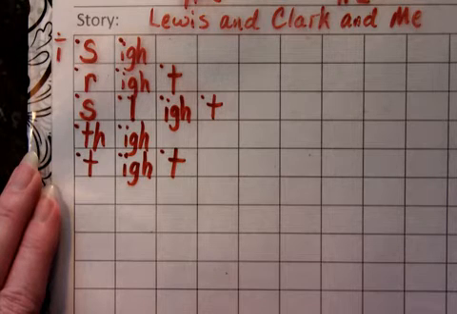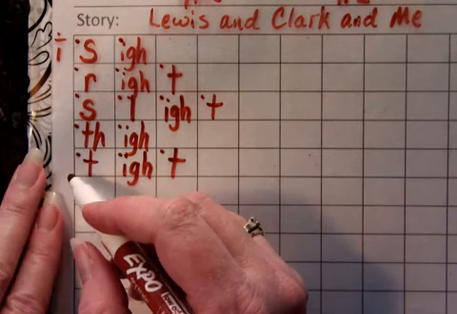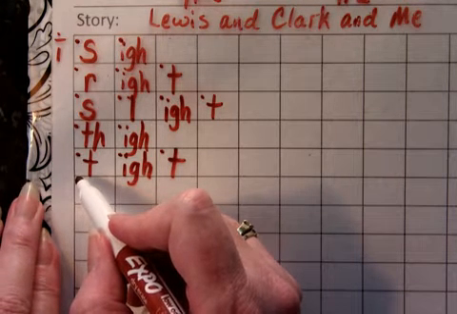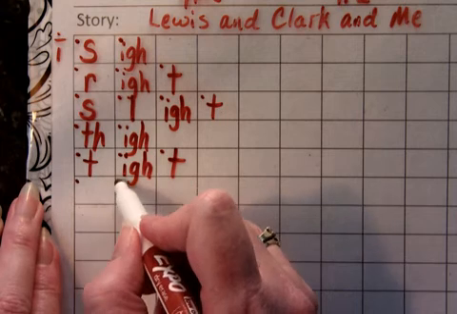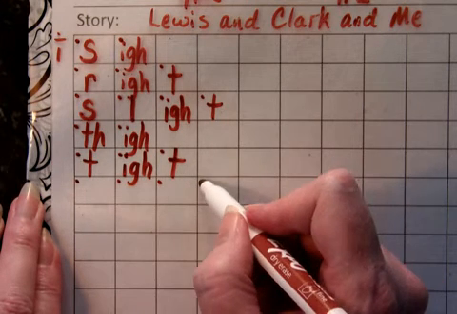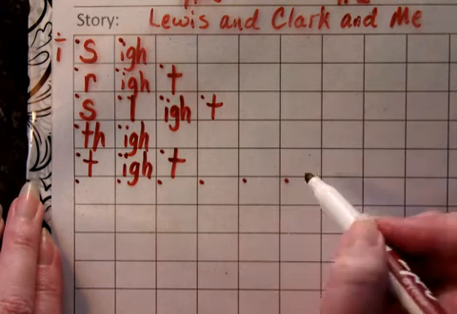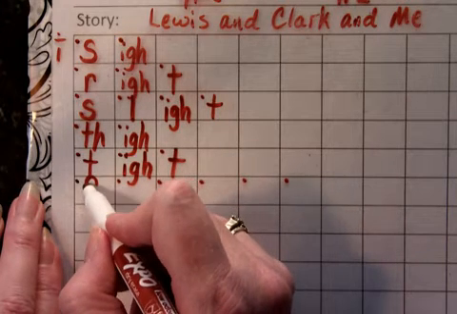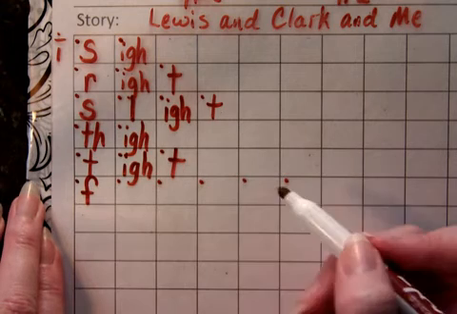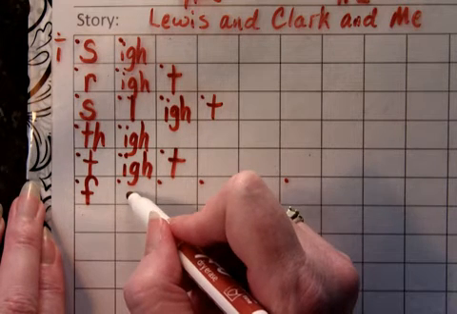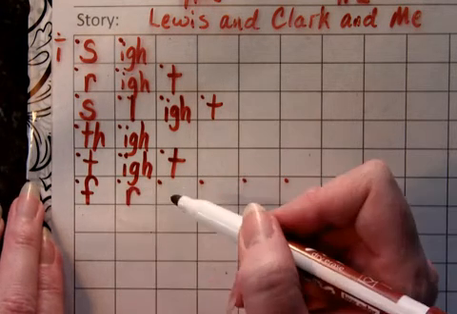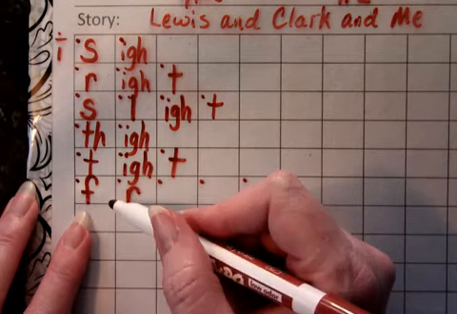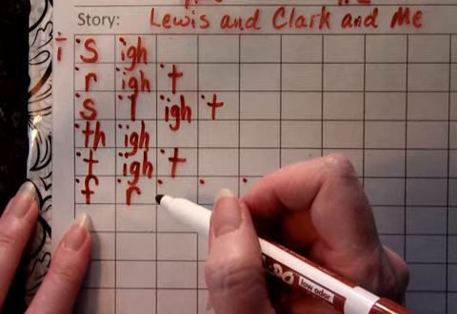The next word's a longer word. Let's say it slowly so we can do all the sounds. Frighten, frighten. Sound it out. The first sound is the F. You make the hook first, and then you cross it. Then the R. Now, teachers, sometimes we're taught that a blend should go in one box, but that's not actually true.